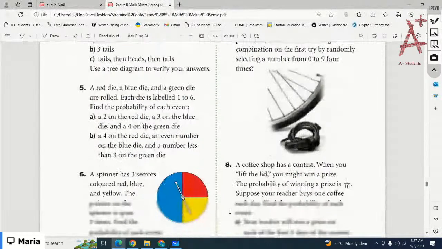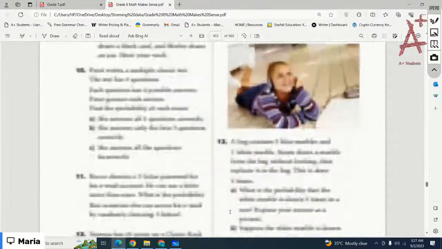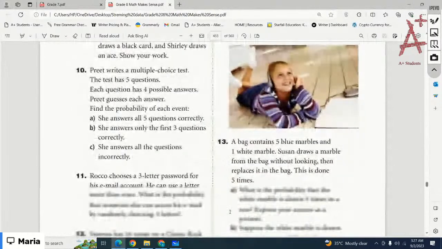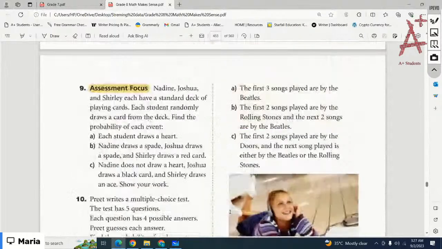Okay, let's start with question number 9. Nadine, Joshua, and Shelley each have a standard deck of playing cards. Each student randomly draws a card from the deck. Find the probability of each event.